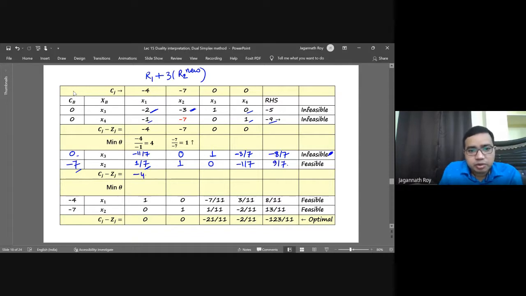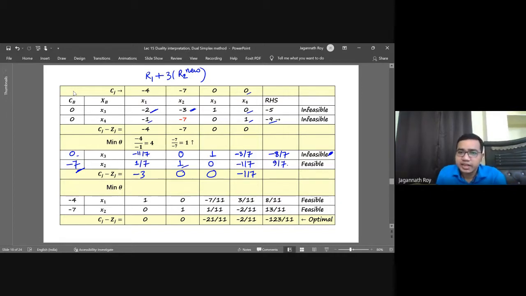So minus 4 minus of minus 1 becomes plus, so this is ultimately minus 3. Then for the basic variable let us put 0. Then minus 7 into 1 by 7, minus 1 by 7, so this becomes plus 1 by 7. Cj is 0, so 0 minus plus 1 by 7 is minus 1 by 7.